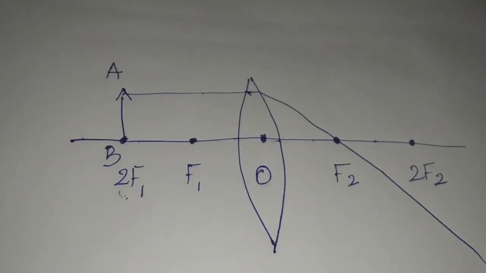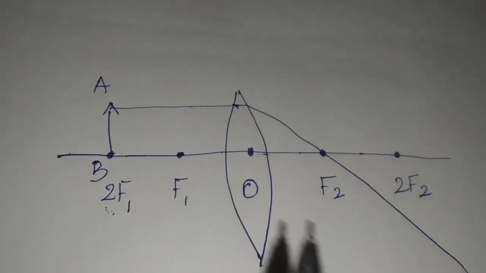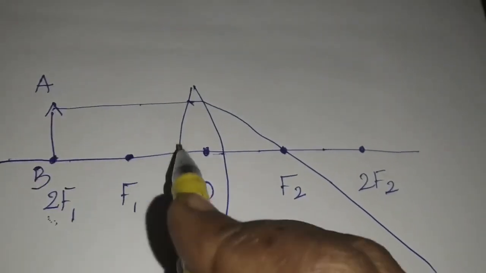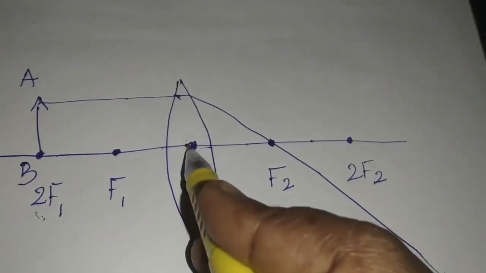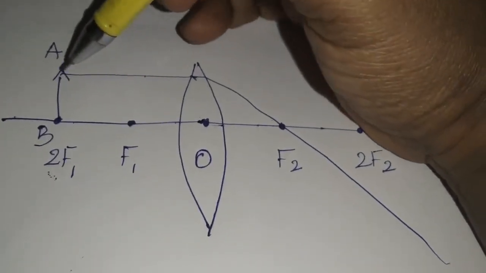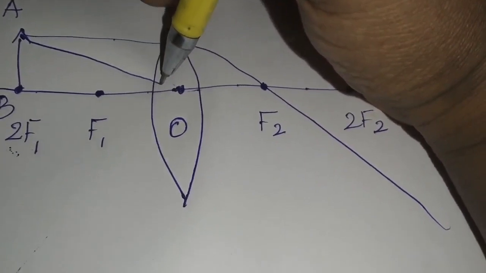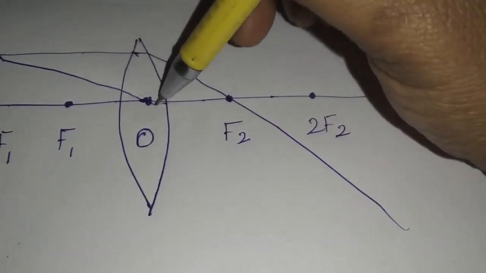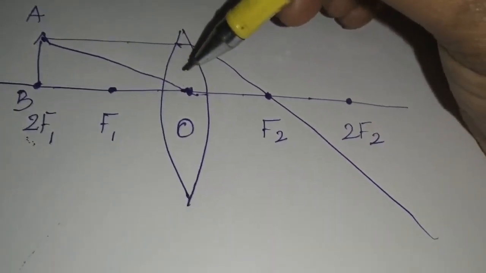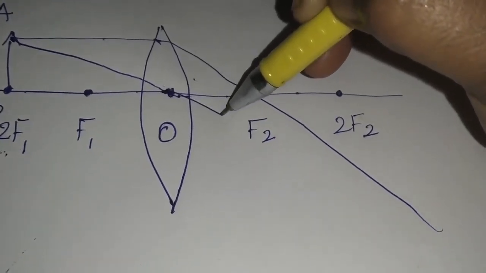And then the second rule: when a ray passes through the optic center O, for the ray 2, it passes without any deviation.